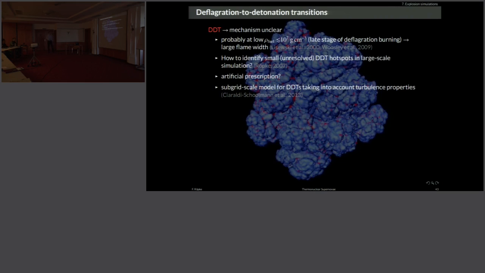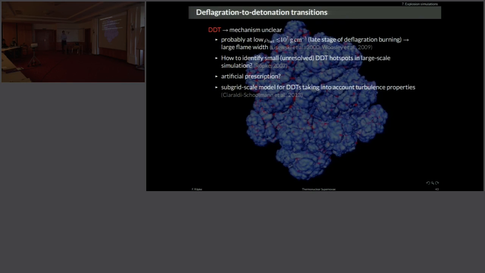So therefore one usually uses an artificial prescription, identifying the locations for suitable conditions for deflagration to detonation transitions. That of course depends also on the resolution you have in the model, because if you have low resolution you will actually not find so many hotspots with high enough turbulence. So therefore the best way to do this is actually to base all this description of a deflagration to detonation transition on a subgrid scale model that makes it resolution independent and allows for convergence of the models.